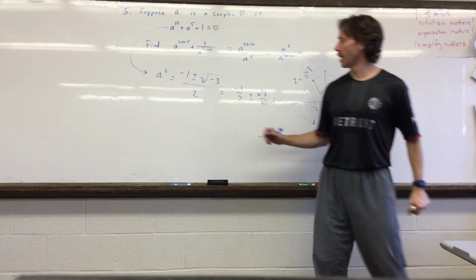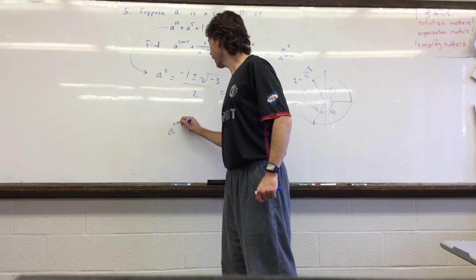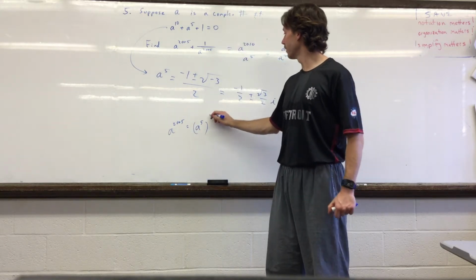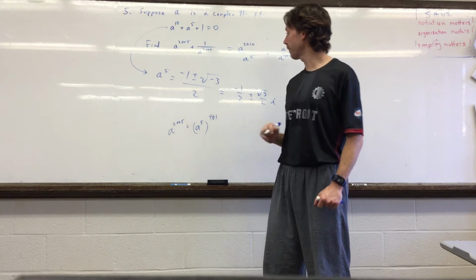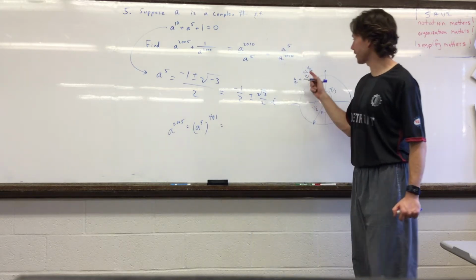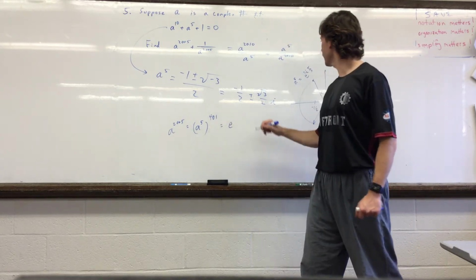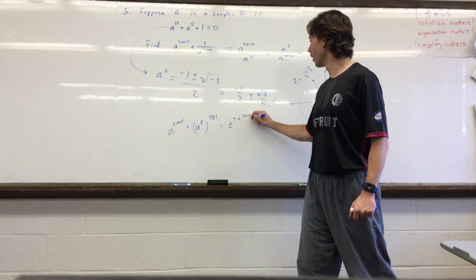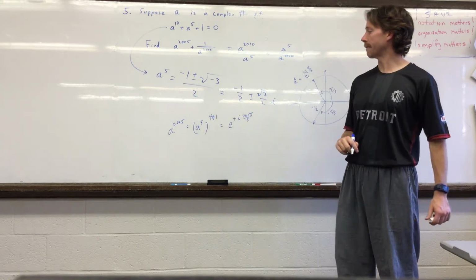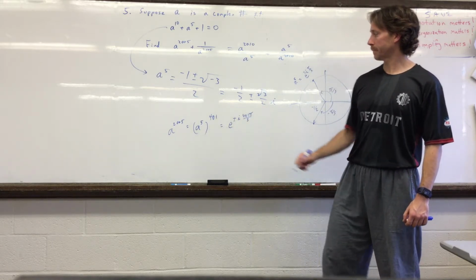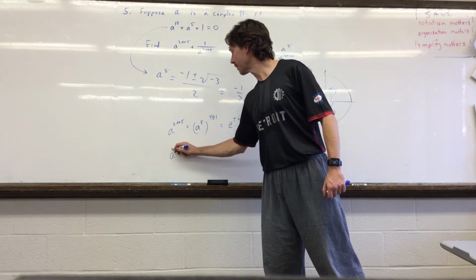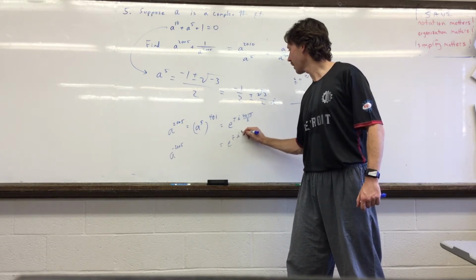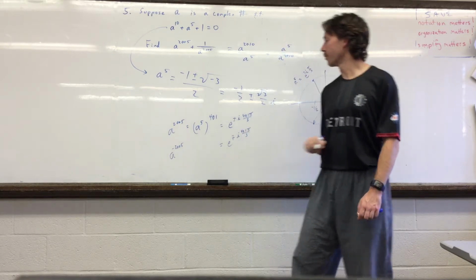So if you know this, then a to the 2005 is a to the 5 raised to the 401. And that's going to be exactly e to the plus or minus i times 401 pi over 3. And then a to the minus 2005 is just e to the minus or plus i times 401 pi over 3.